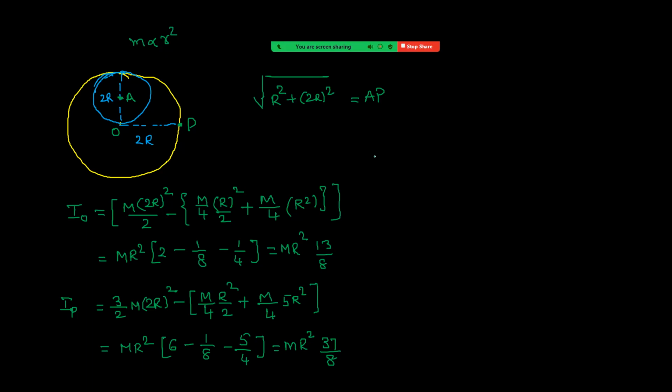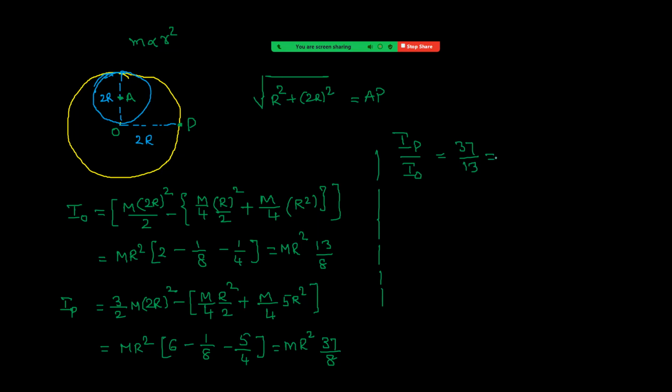Now see the ratio. We want to calculate I P to I naught. M R square gets cancelled. 8 gets cancelled. Remaining is now 37 by 13. Right? This is now 2 point something, right? So 13 and 37, 3 13s, it is 39, right?